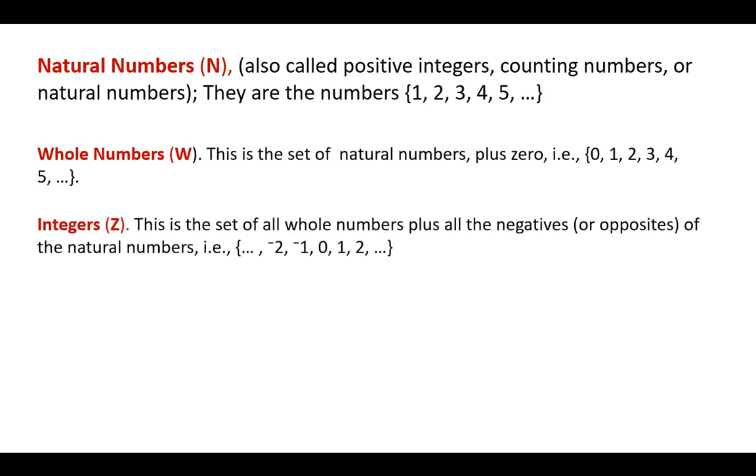From there we can look at integers. Integers are simply the set of positive and negative whole numbers. In short, when you take the positive whole numbers and you also add negatives in front of the whole numbers, you get a set that is called the set of integers.